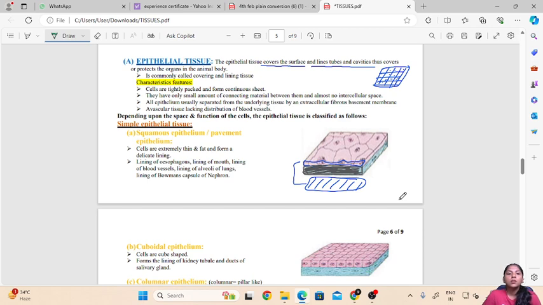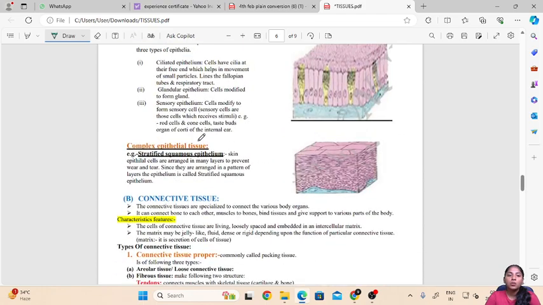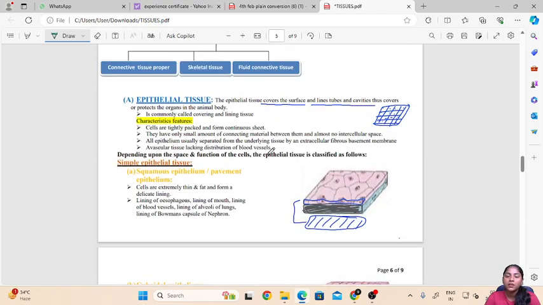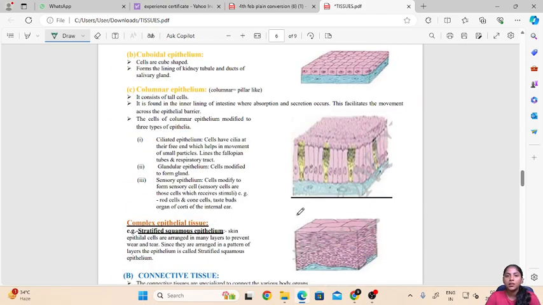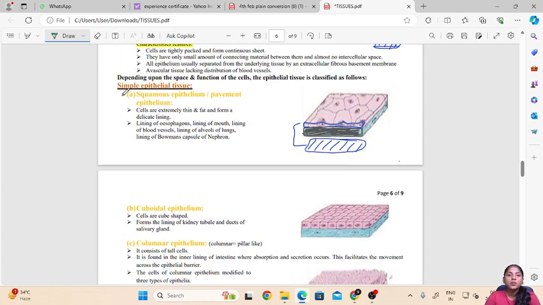Now, epithelial tissue is divided into two types, that is simple epithelial tissue and complex epithelial tissue. So, the first one of simple epithelial tissue is squamous epithelium. Now, this squamous epithelium is a very thin flat layer of cells which covers internal parts of the body.